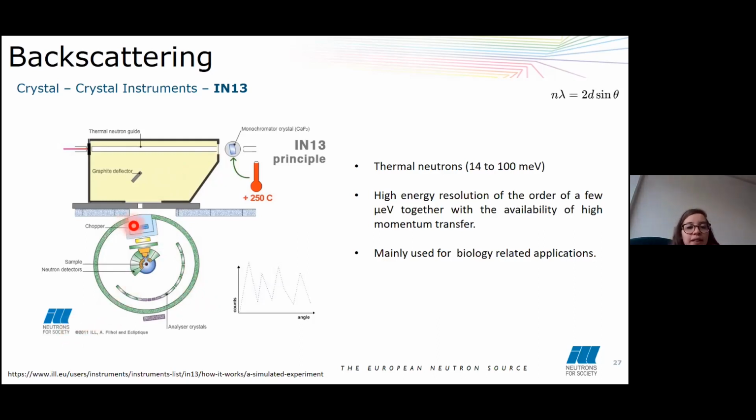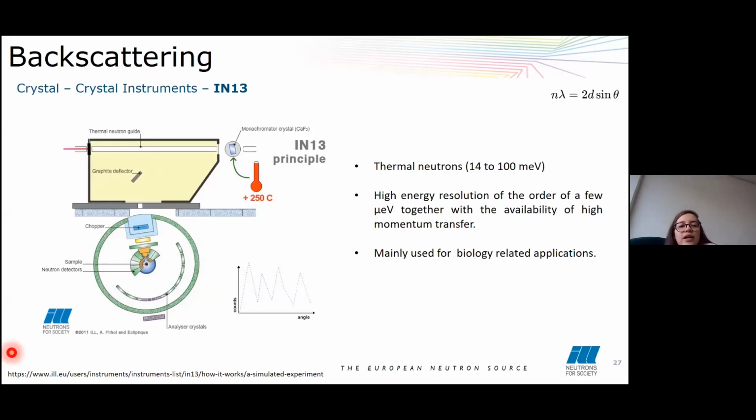And then this beam reaches the sample. So only neutrons with a wavelength of 2.23 angstroms are backscattered by the analyzer crystals. And so these neutrons will pass the sample a second time, and then they are registered in the detectors.